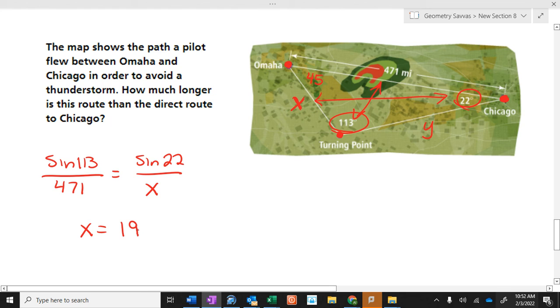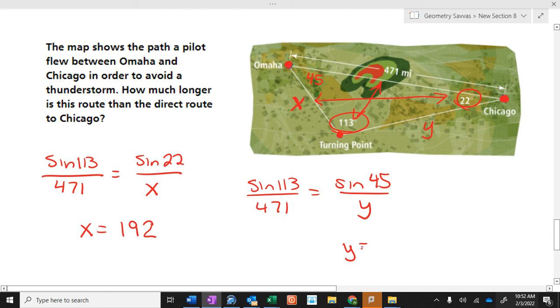Let's round to the nearest whole number. 192. Okay? So, then to find y, we're going to use the sine of 113 over 471 equals the sine of 45 over y. So it's 471 times the sine of 45, press equals, divided by the sine of 113, press equals.